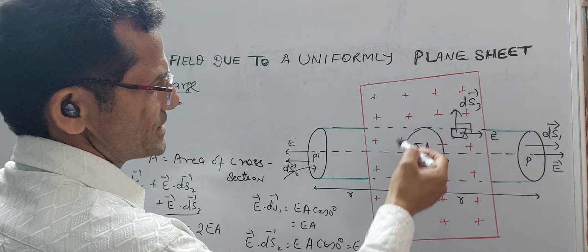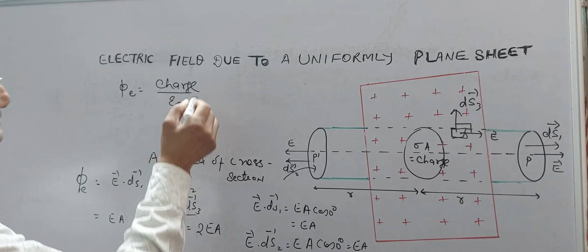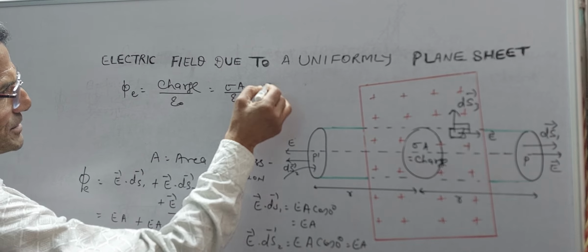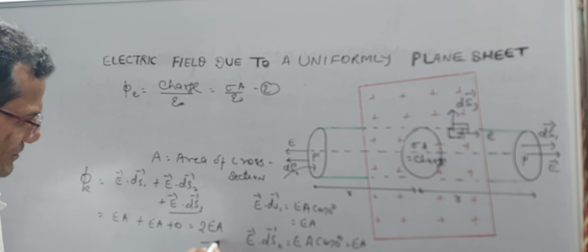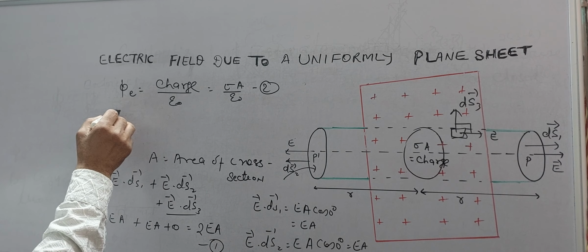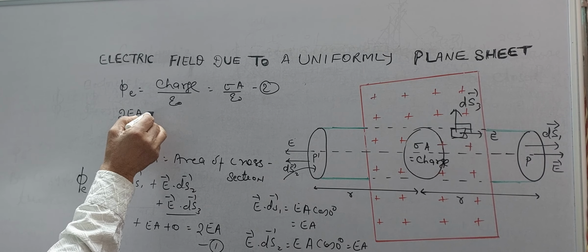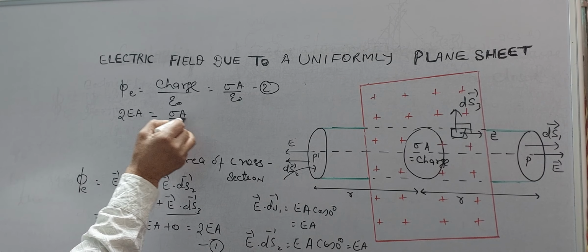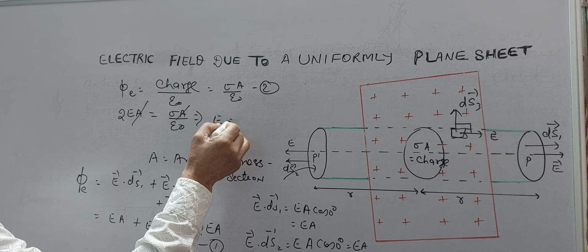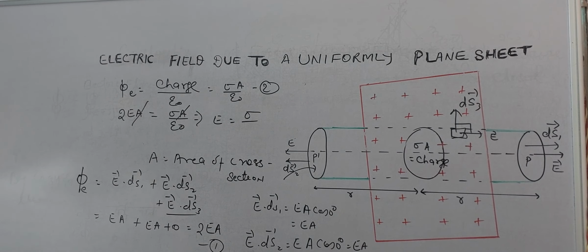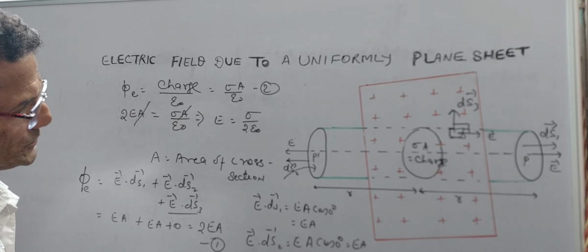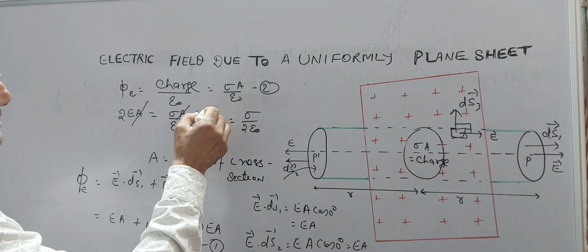The total charge inside will be sigma times A divided by epsilon naught. This is our equation number 2. If I place phi equal to twice EA in this, I will get twice EA is equal to sigma A over epsilon naught. A cancels out. The electric field comes out sigma divided by 2 epsilon naught.